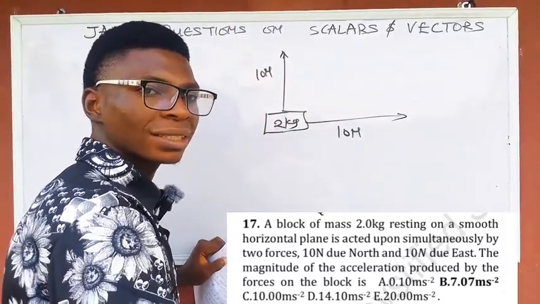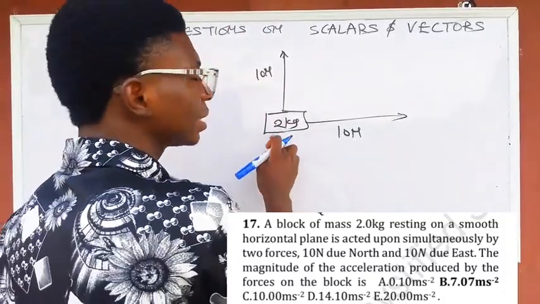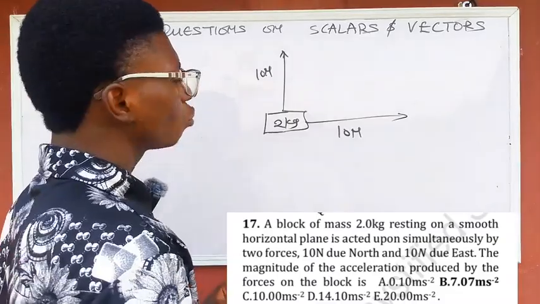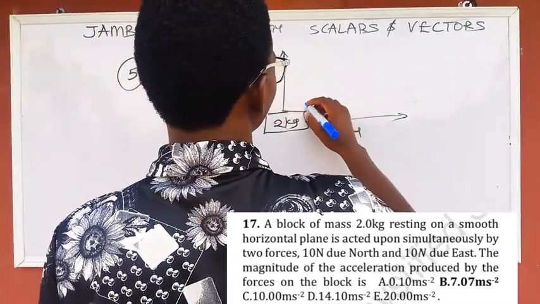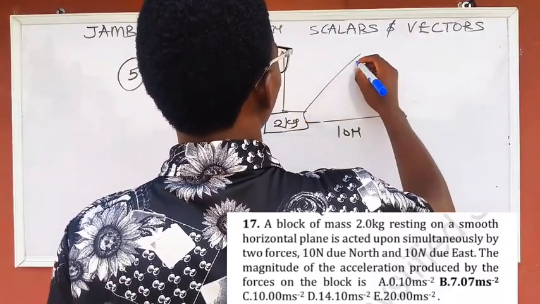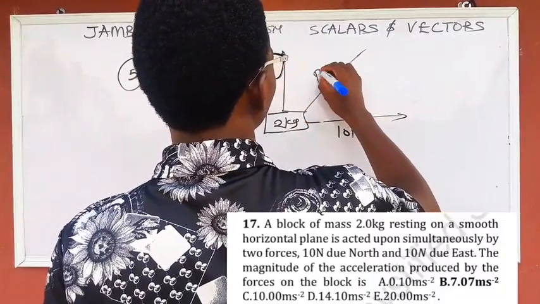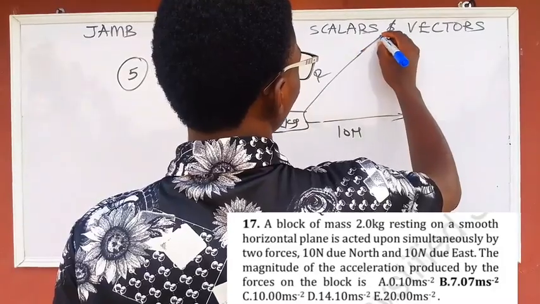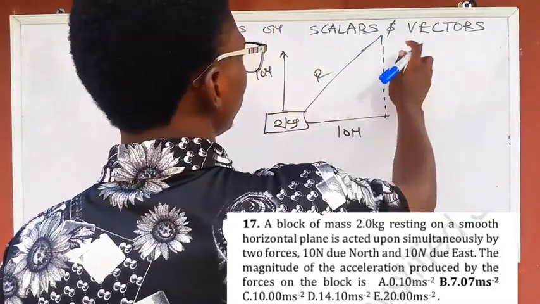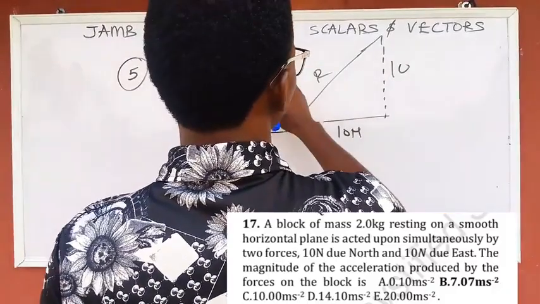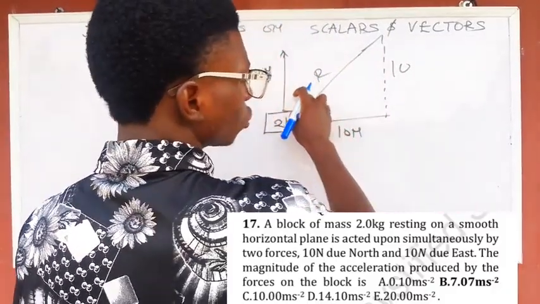After we have gotten the resultant, which is the force, force is equal to mass times acceleration, and we have the mass here. So let us find the resultant first. This one will be 10, the size of this one. So we're going to use Pythagoras theorem again.